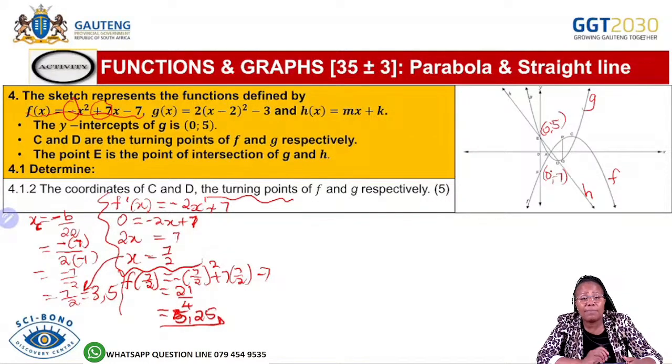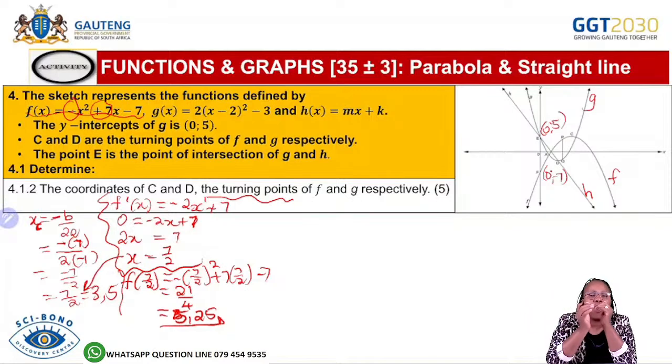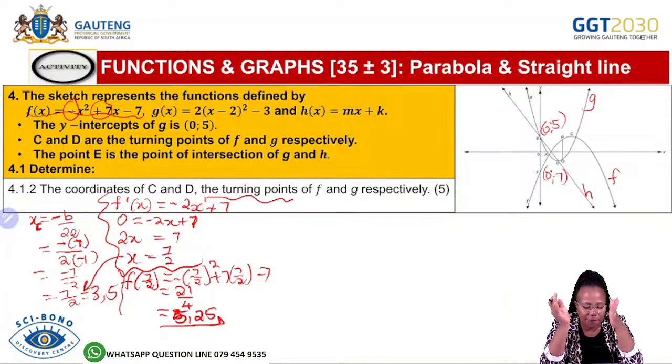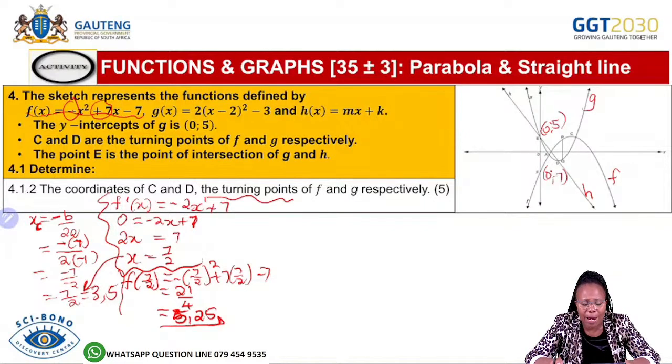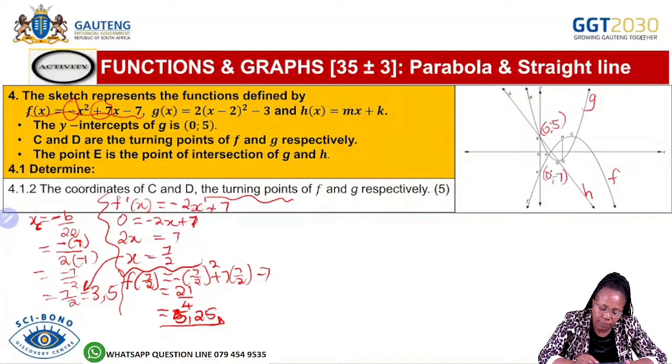Please write it in decimal so that you know exactly where that point lies. Because if it is 21 over 4, we are not even sure whether it is between 6 and 7 or between what. But if it is decimal, it says 5,25, you know it's between 5 and 6. That is why we encourage you to write your values in decimal. Right, we now have our turning point for C as (3,5; 5,25).